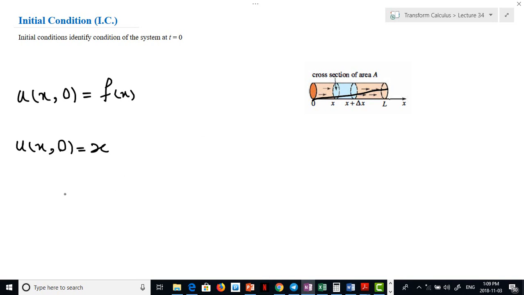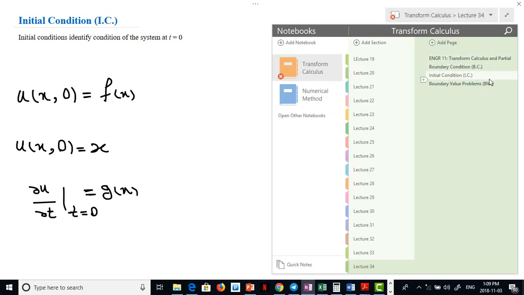Or for example, we can say the derivative of u with respect to t at t equal to 0 is equal to g(x). It's another function, it can be an arbitrary function. Again, we are talking about the condition of the system at t equal to 0. In fact, we are talking about the initial condition of the system.